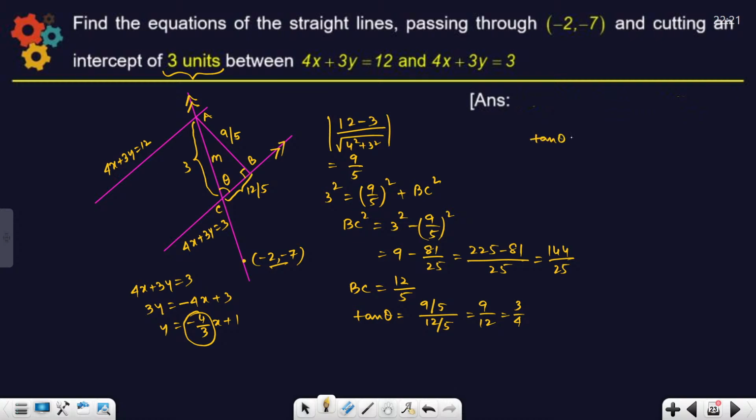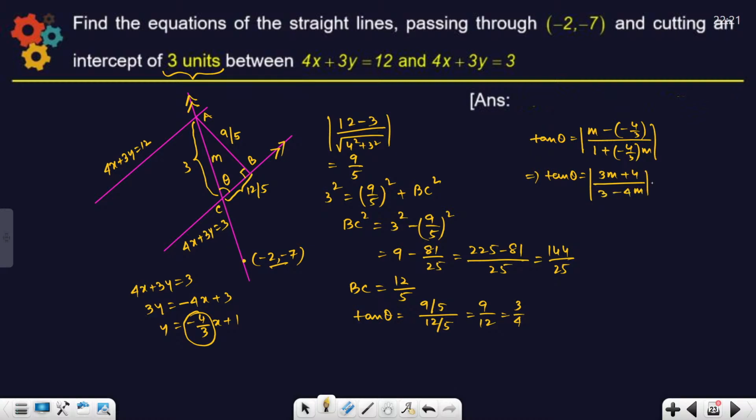Tan theta, the angle between them, is modulus of (m minus (minus 4 over 3)) divided by (1 plus (minus 4 over 3) into m). So that gives us (3m plus 4) divided by (3 minus 4m).